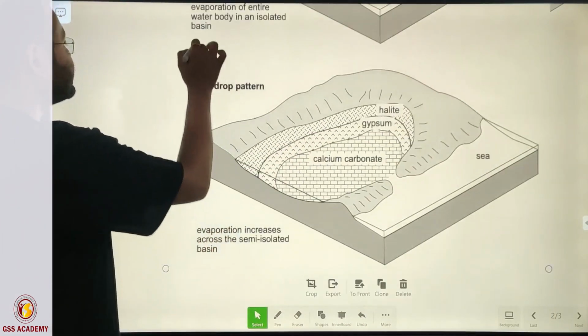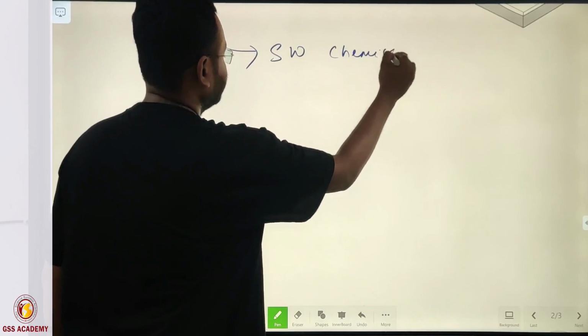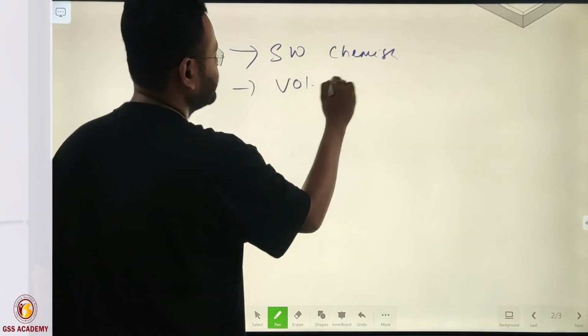Apart from this, the type of evaporites that deposit in an evaporite basin also depends on the seawater chemistry and the volume of seawater.